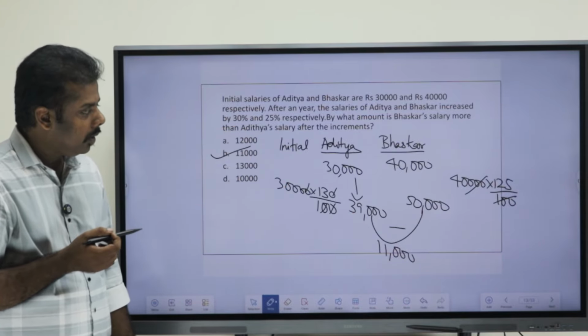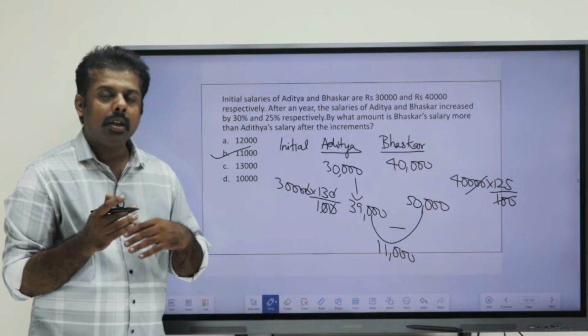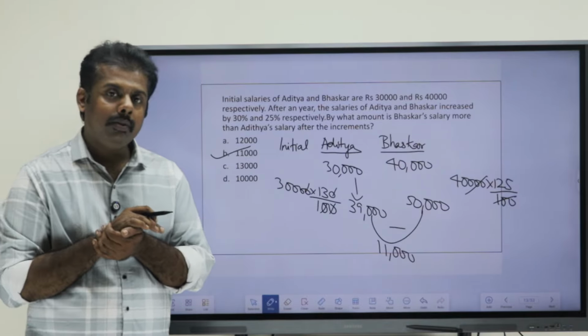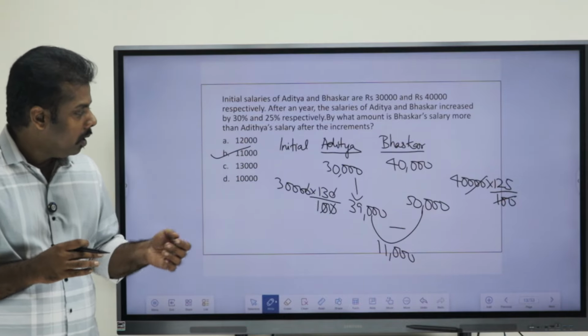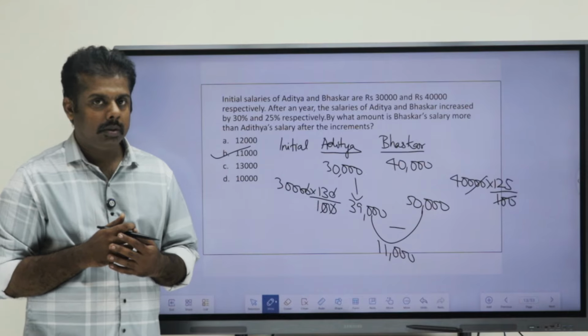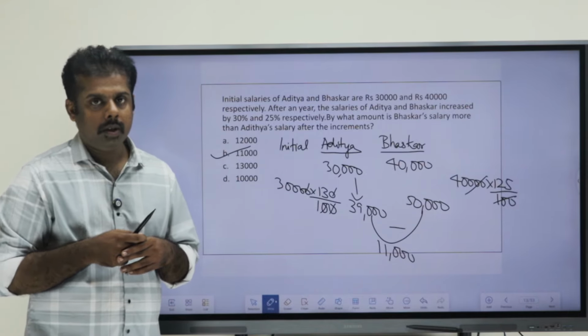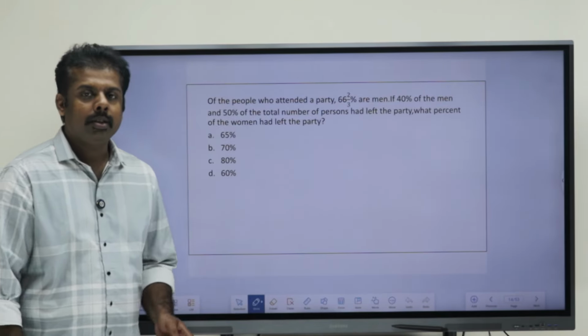In the case of Bhaskar, we did the same to find the answer as 50,000. Here they had asked just the difference in salaries after the increment. So, the difference is basically giving us what? 11,000. Okay. So, I hope that you got the solution of this question. Okay, so now I think we can move to the next question here.